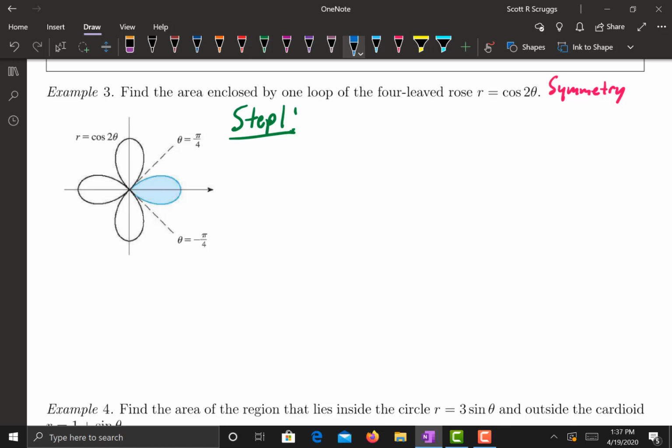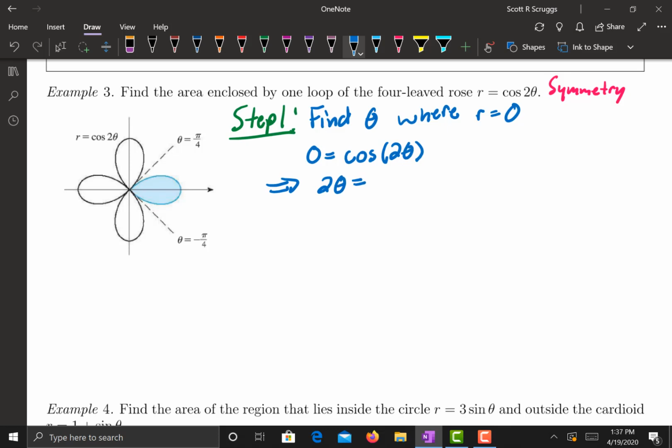First, step 1. I'm going to find the angle theta where my function equals 0. So 0 equals cosine of 2 theta. Well, we know that the angle for cosine equals 0 has to be landing on the y-axis, essentially.